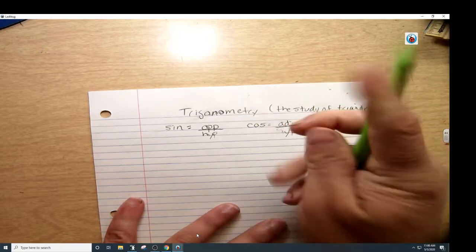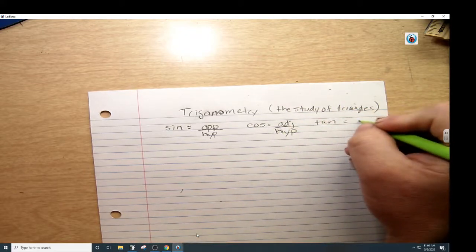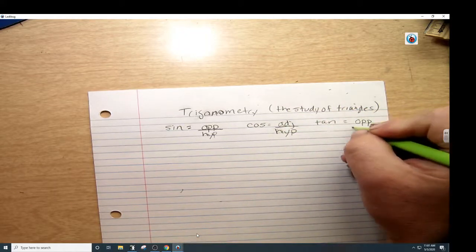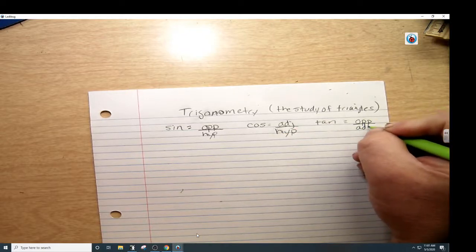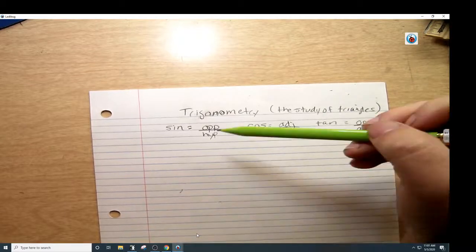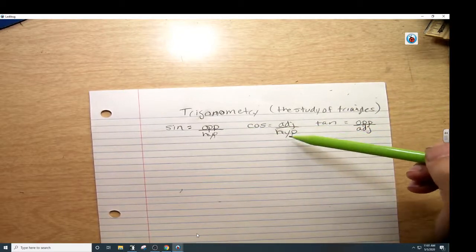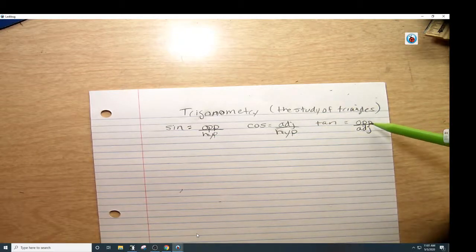Not too good at writing this morning. And tan deals with the opposite side and the adjacent side. It always deals with these ratios. The ratio of the opposite over the hypotenuse. The cosine deals with the adjacent over the hypotenuse. Tangent deals with the opposite side over the adjacent side.